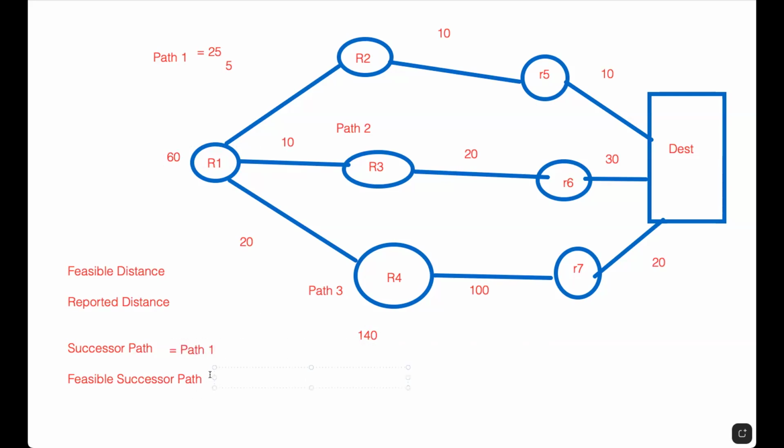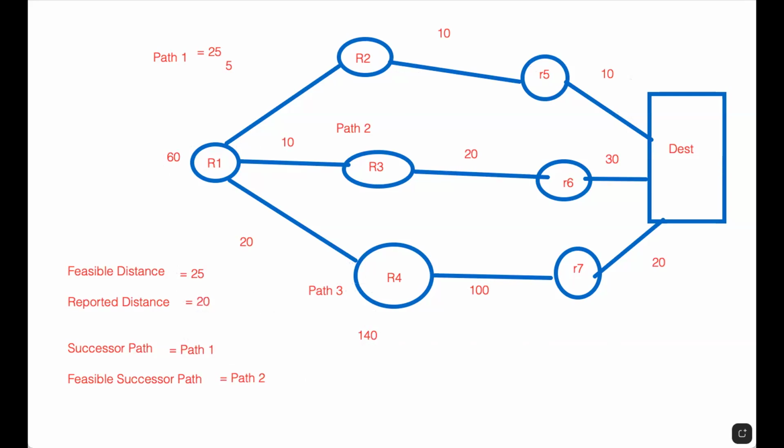Second best is 60, that is the feasible successor path, path 2. Feasible distance is the best distance, that will be 25. Reported distance will be 20. Right? R2 is reporting 10 plus 10, 20 to R1.